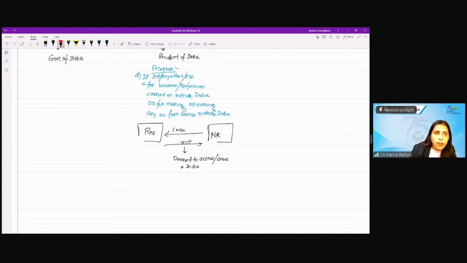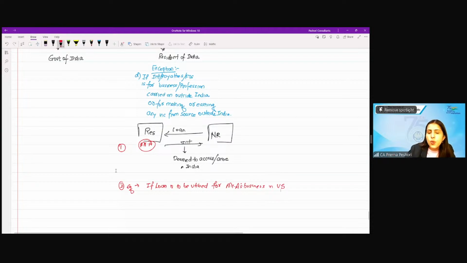Now let us take an example. This is the first point. Let's say the loan is to be utilized for, let's say this is Mr. A, for Mr. A's business in the US.